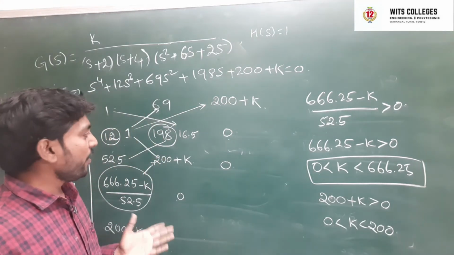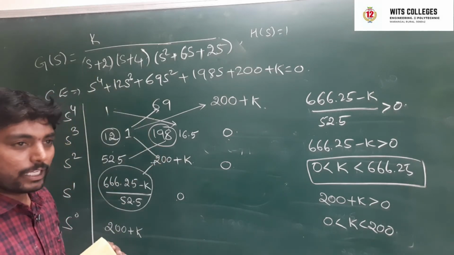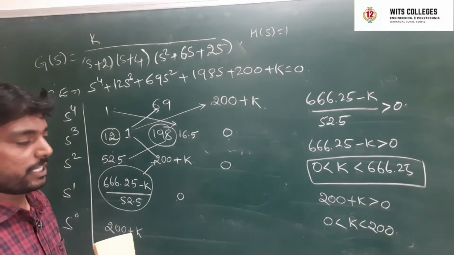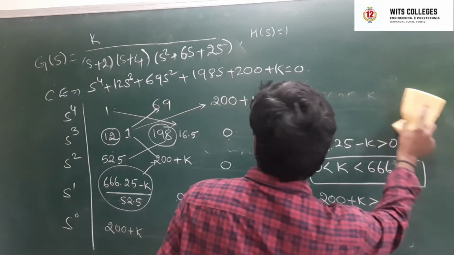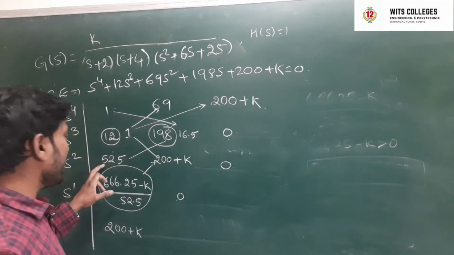Next, in this problem we also find the damping oscillation frequency. In order to find the oscillating frequency, we consider the given auxiliary equation.